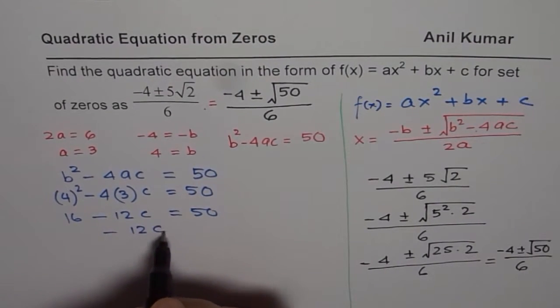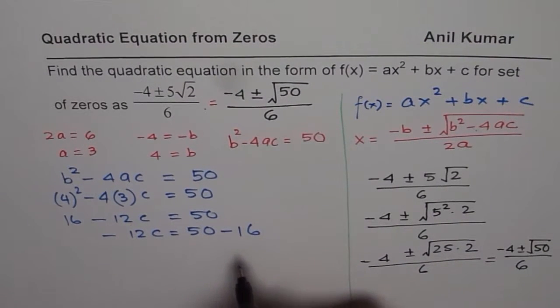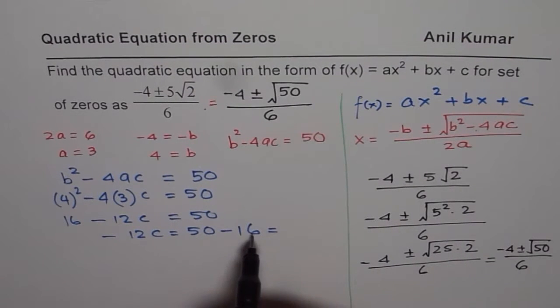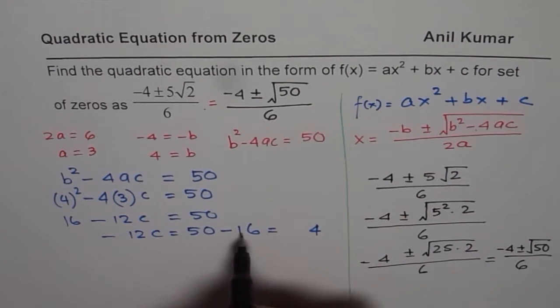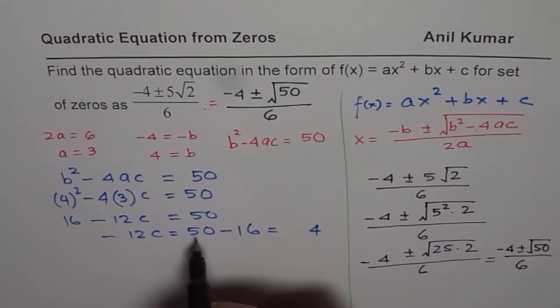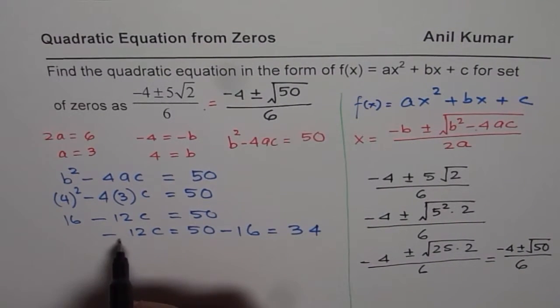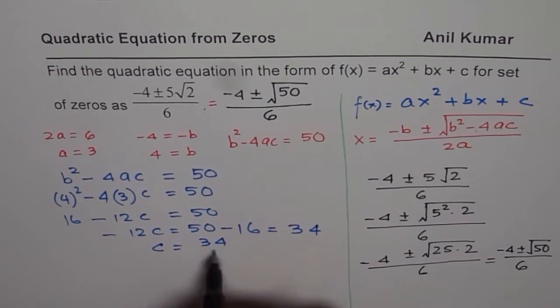So we get −12c = 50 − 16, and that should be equal to 34. So we get 34 = −12c, or c = 34 / (−12).